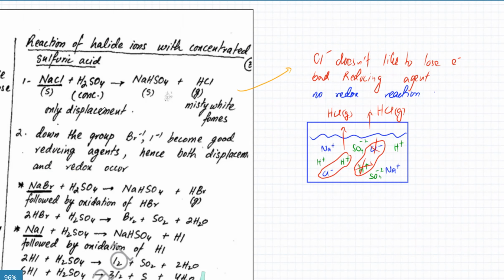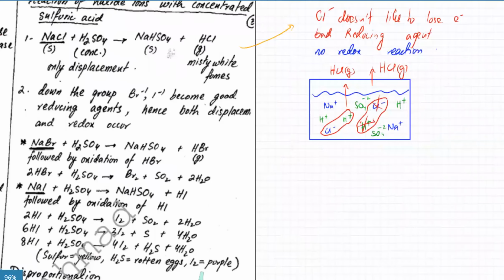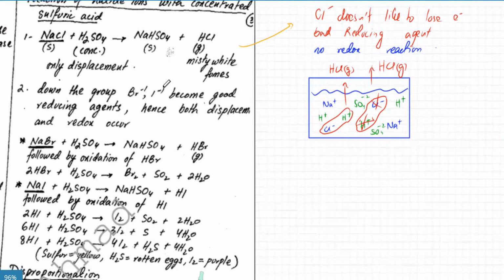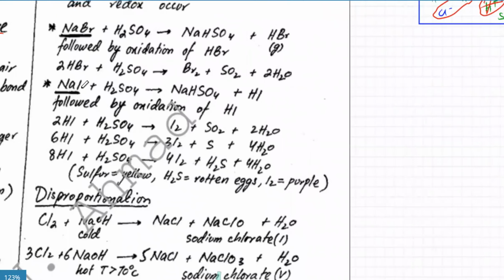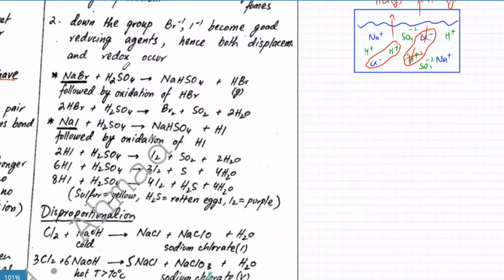So a displacement reaction happens. Now, what happens down the group is that Br-1 and I-1 really like to lose electrons. They're very good reducing agents. So when it comes to Br-1 and I-1, you usually get a redox reaction instead of a displacement reaction. So NaBr, you add H2SO4 to it, the Br-1 and H+1 would get together to form HBr.